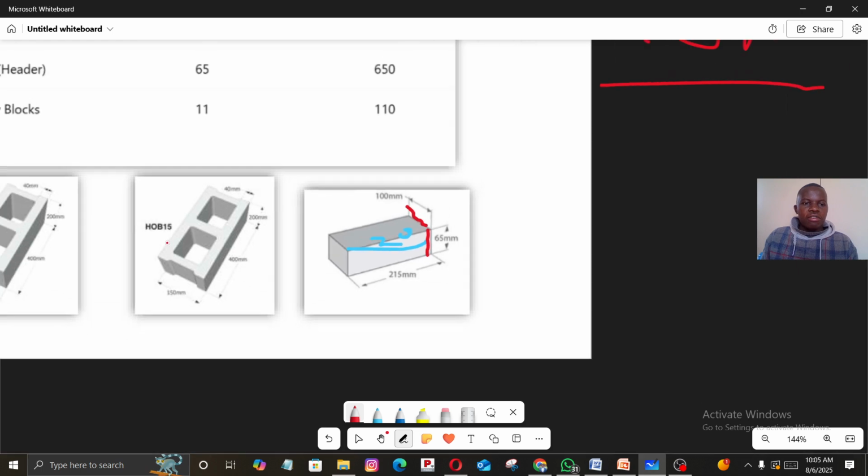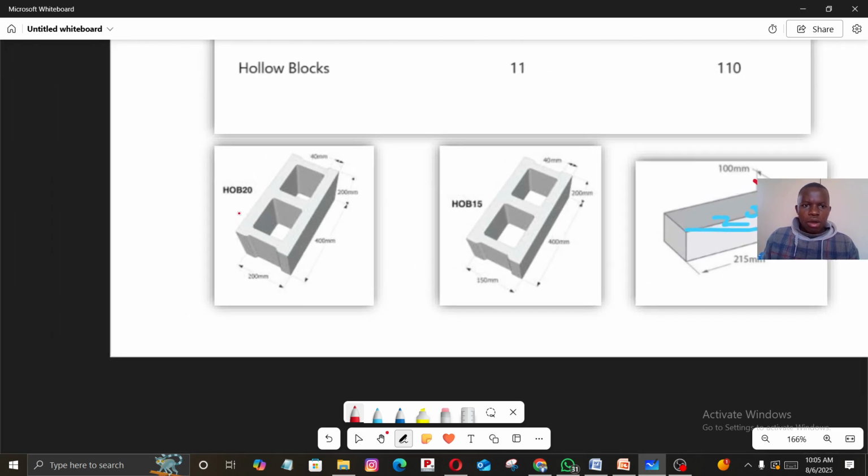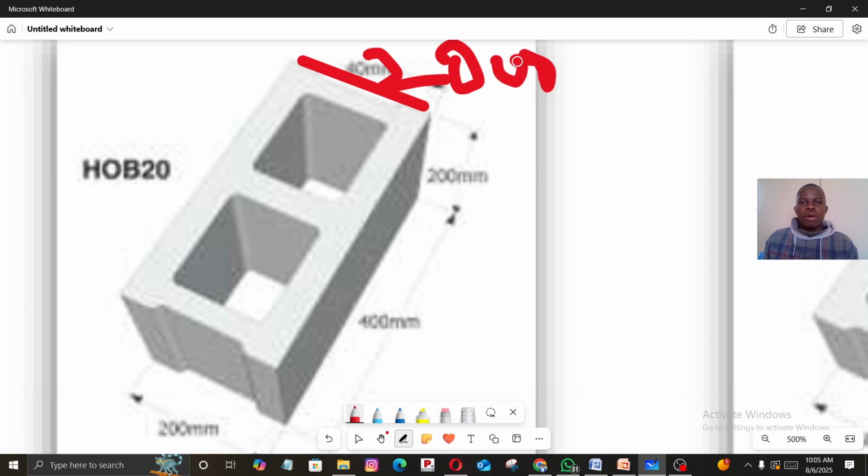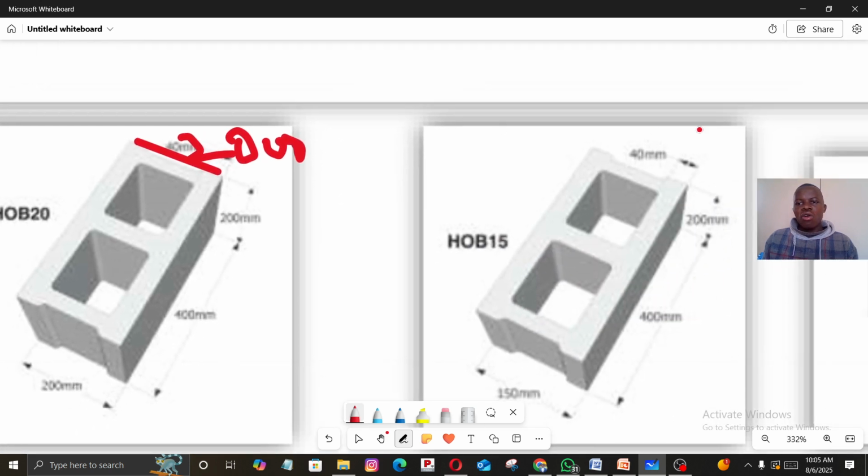And then for the concrete blocks, this is what we are referring to. This side is about 200, actually 200 millimeters. But you can find other hollow blocks that have this one as 150 millimeters. For our case, we are adopting this one here.